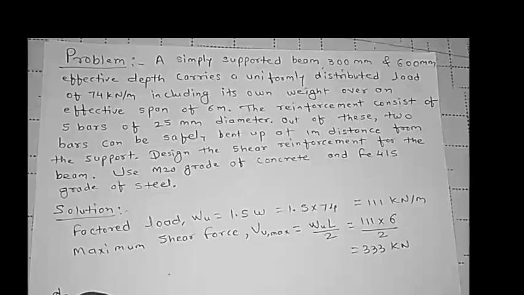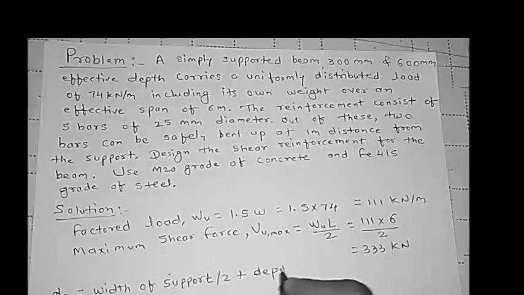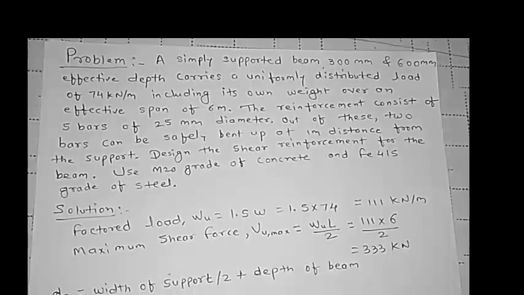If we assume the width of support divided by 2 plus effective depth, this is the distance we require at the critical section. This is for the critical section.